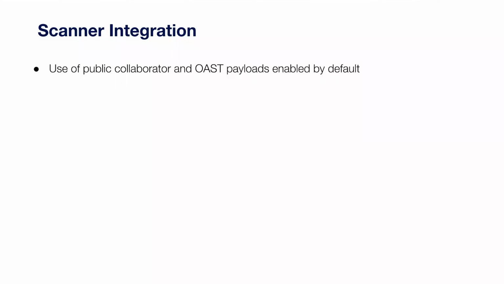This is an instance of the collaborator which we run at PortSwigger for Pro and Enterprise users. Again, if you need to, you can run your own private collaborator. For example, your systems might run on a closed network, so you have to use your own instance. That's absolutely fine. There's no additional licensing cost around using either the public or the private collaborator.